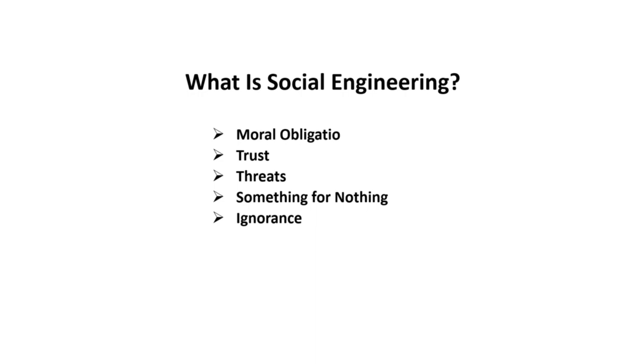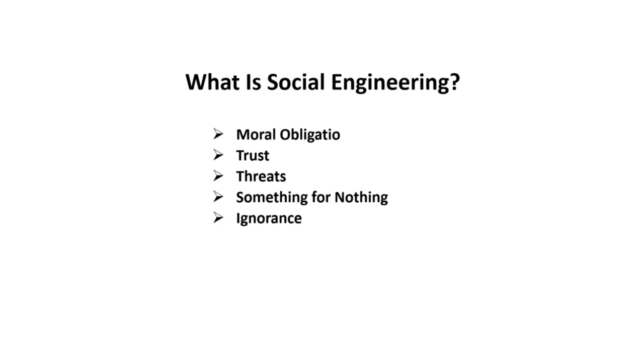The threats: a social engineer may threaten a victim if they do not comply with a request. Something for nothing: attackers may promise a victim that for little or no work they will reap tremendous rewards. The ignorance: the reality is that many people do not realize the dangers associated with social engineering and don't recognize it as a threat.